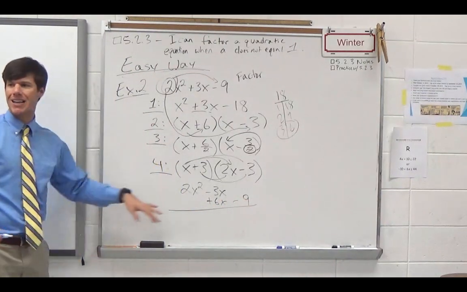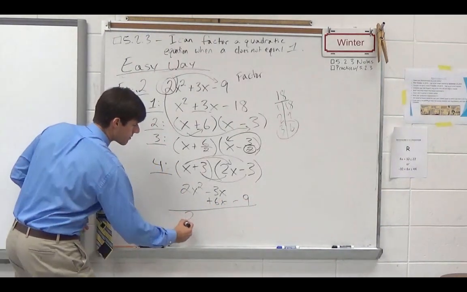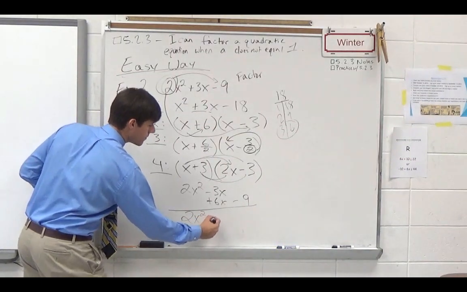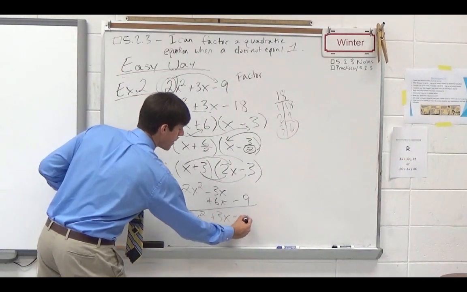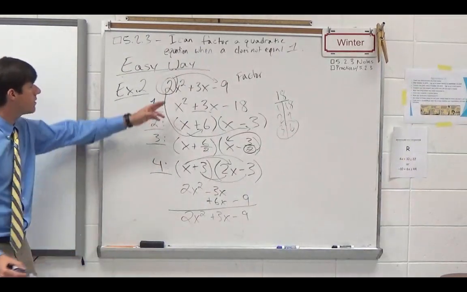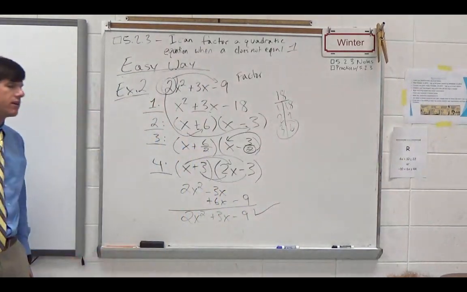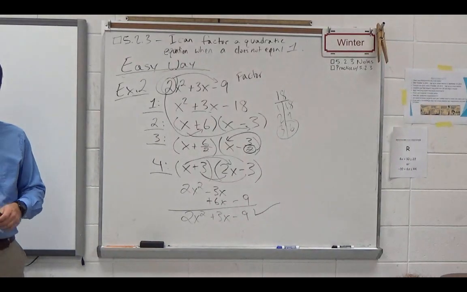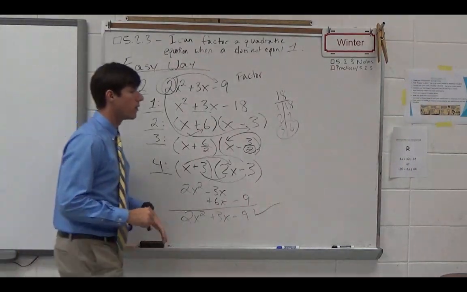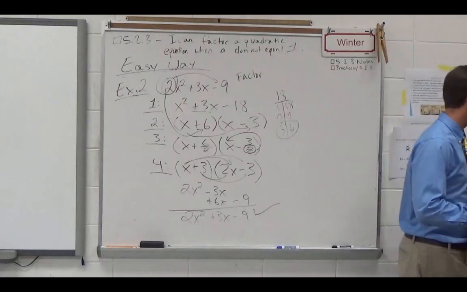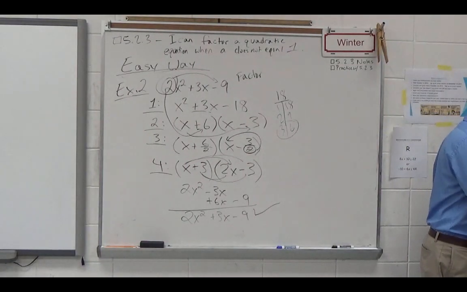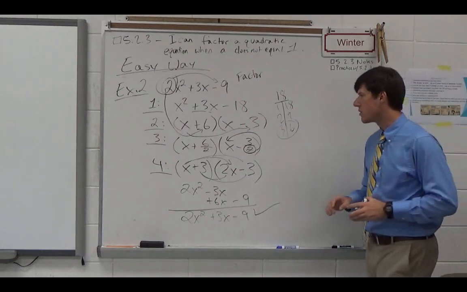When I combine like terms, I get 2x squared plus 3x minus 9. Is that where I started? Yeah, it is. Check. I did it right. We're going to do one more example after this. We're doing okay so far?